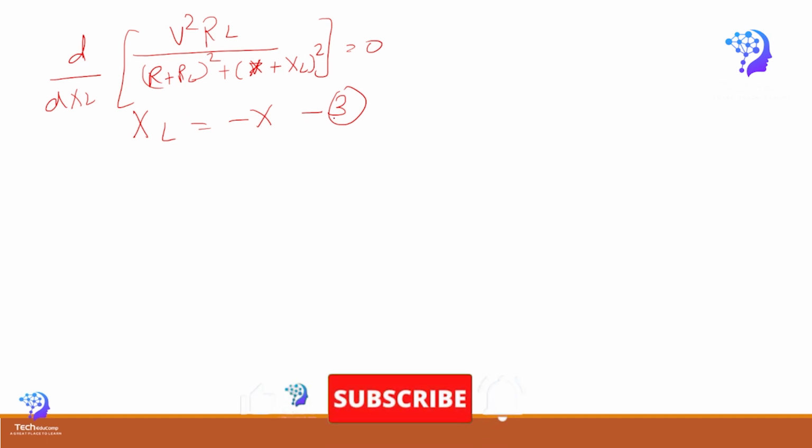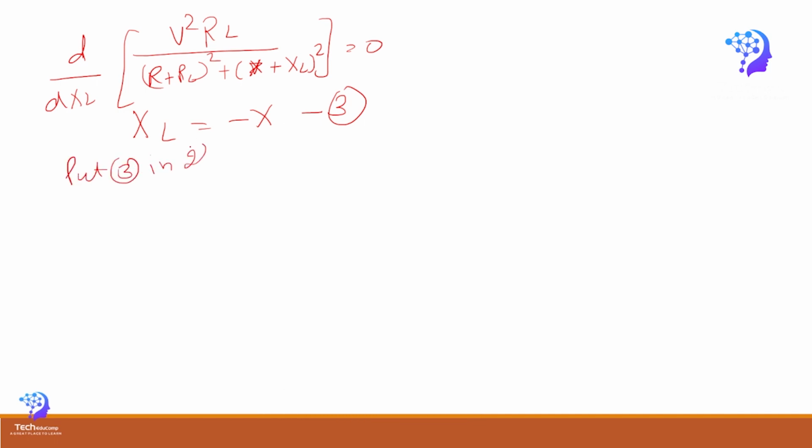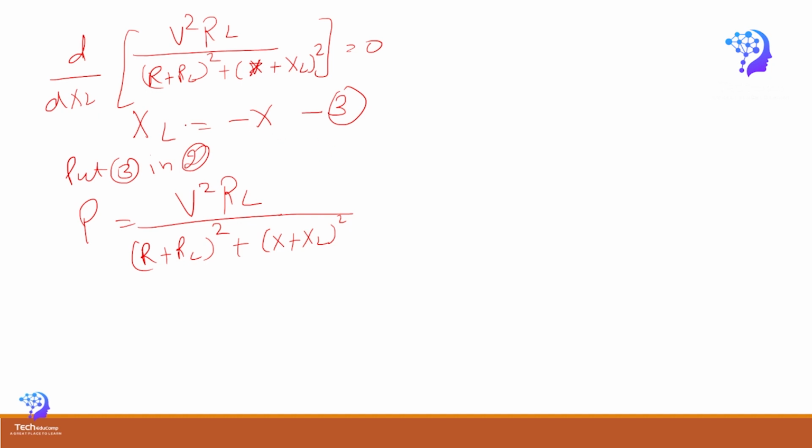So put 3 in 2. Okay, so what will we be getting? P equal to V square RL upon (R plus RL) square plus (X plus XL) square. This was our equation number 2. By putting this value in this, we'll be getting P equal to V square RL upon (R plus RL) whole square.